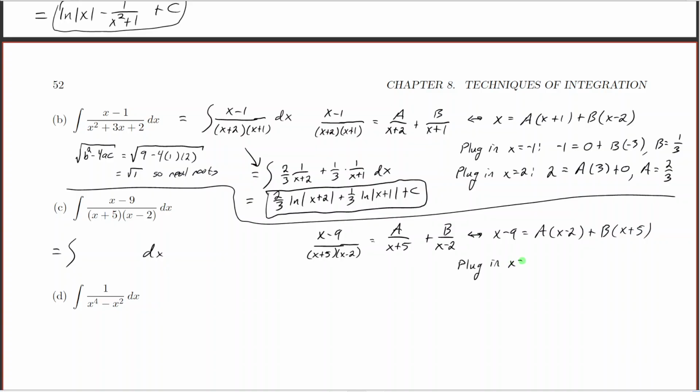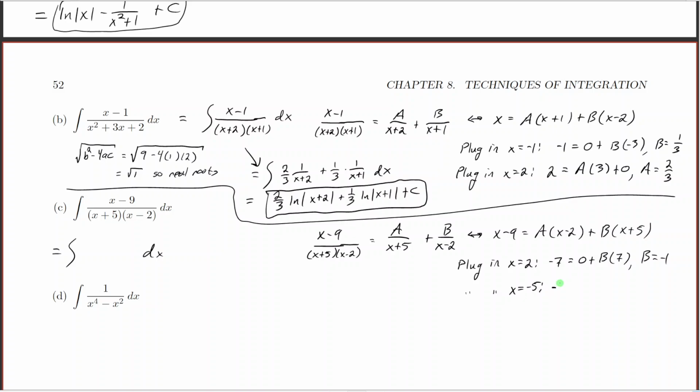That's going to be faster here. That's going to give us -7 on this side. This term is going to drop out, and then we're going to have B times 7. So B is equal to -1.